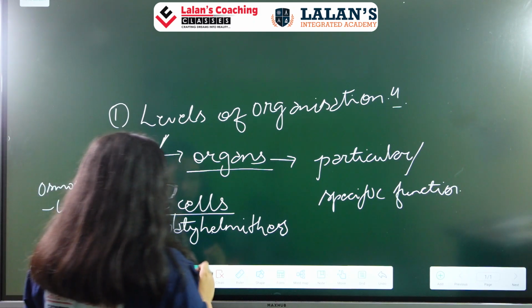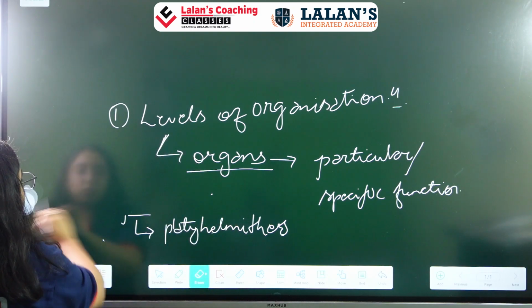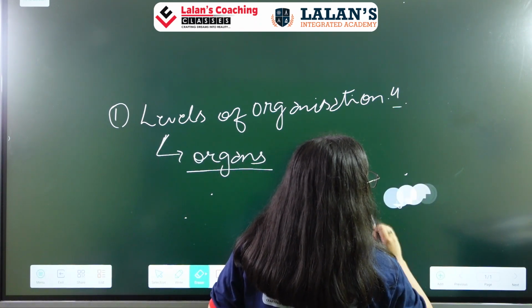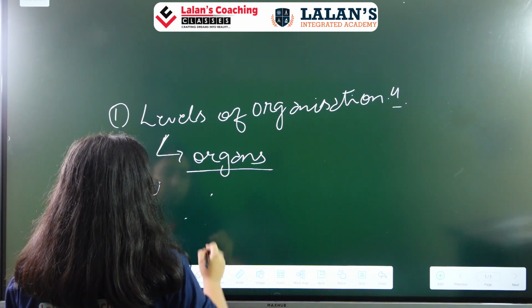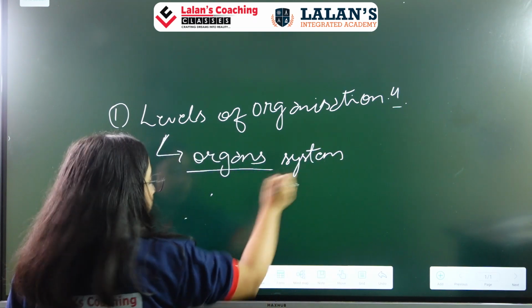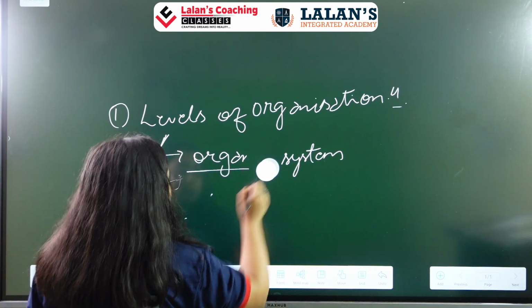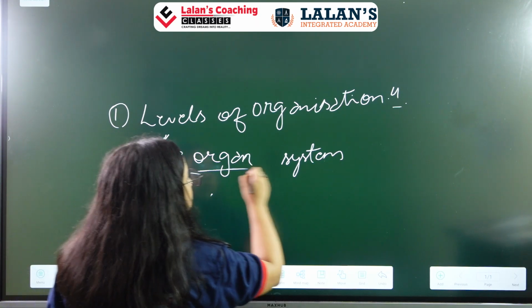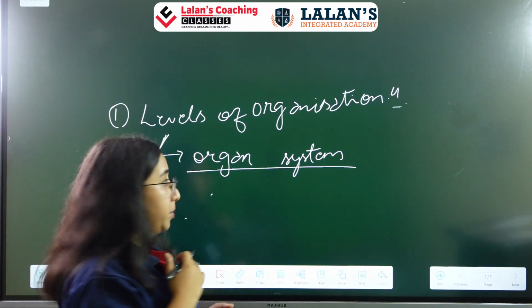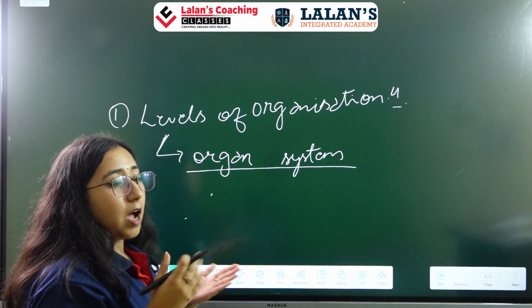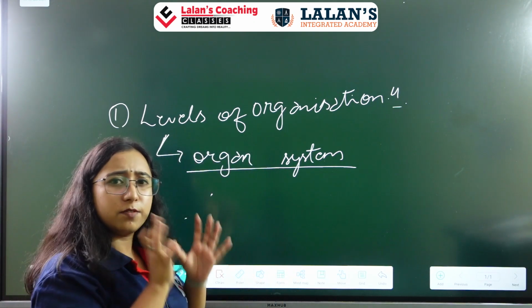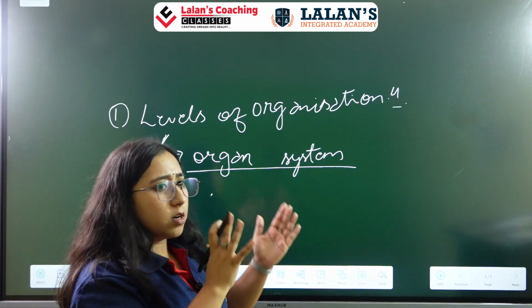Moving on, as the groups become more complex, we finally come into the organ system level of organization, where many organs together make up a particular organ system, and the whole system performs a particular function. Now as we move forward, there is more and more division of labor. The example of this is our digestive system, or our respiratory system, or the cardiovascular system, which has specific functions related to it, and every organ system is different.